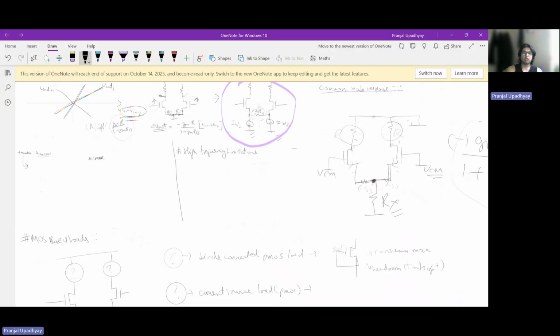Now, for CMRR also I have found various definitions. Some people define it as the gain to the differential signal divided by the gain to the common mode signal. Some define it as the gain to differential signals divided by the gain of common mode to differential mode, so basically the gain due to mismatch. But typically, this definition also works good enough, and there is another definition as well.